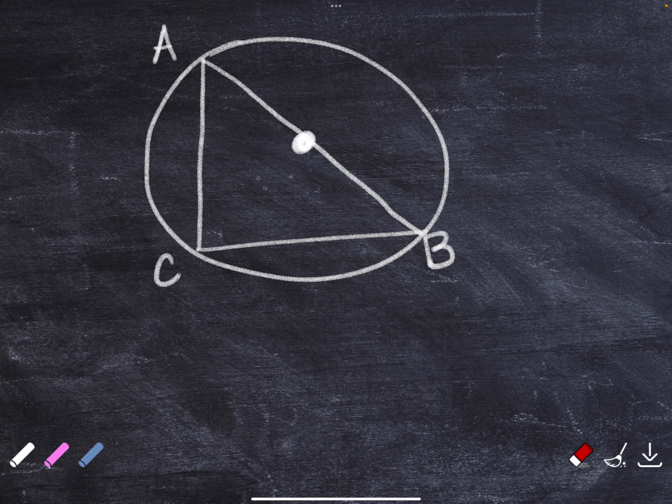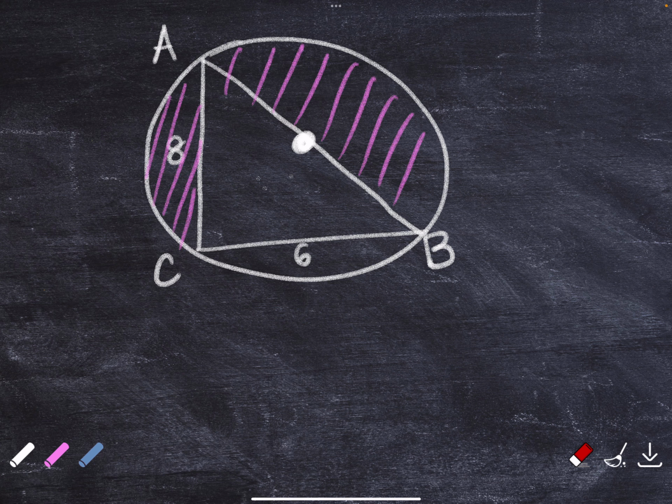Now, the other thing that is provided in the diagram, which was not written in the question, is that the sides, base and height of the triangle are also provided to us. And they are asking us what is the area of the shaded region. So this shaded region is basically what we are calculating.